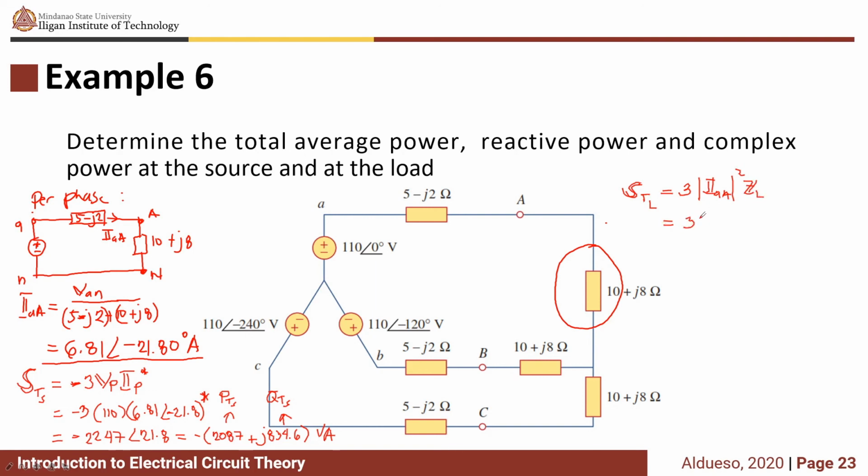We have 3 times 6.81 squared times 10 plus J8, equivalent to 1782 angle of 38.66, or in rectangular form this is 1392 plus J1113 VA.